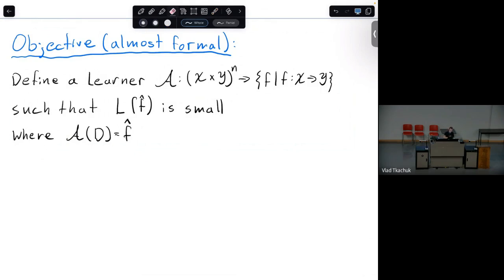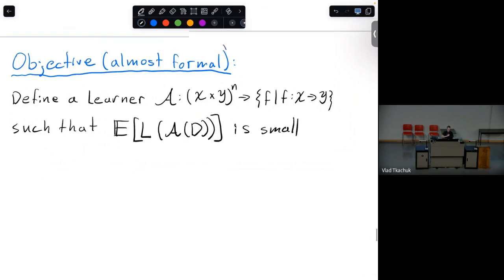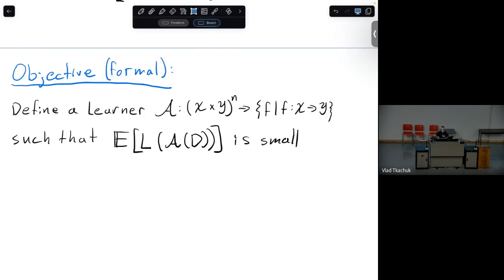Well, we erase all of this, and we say instead we want the expected value of the expected loss of our random predictor to be small. Okay, so this is the actual formal objective now. This is the actual true objective that you care about in machine learning.